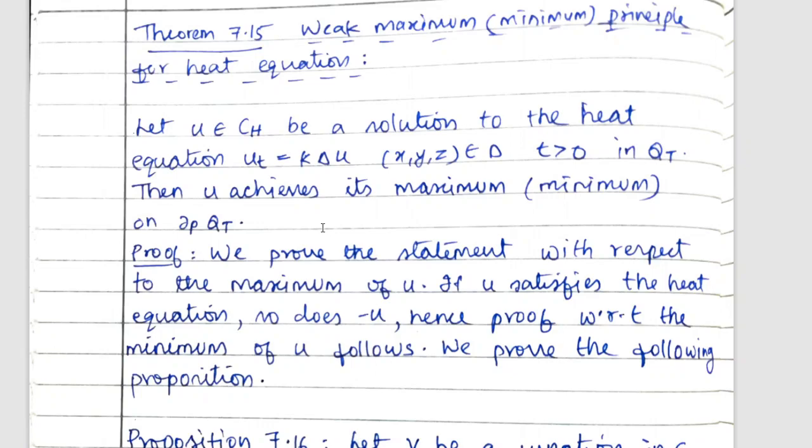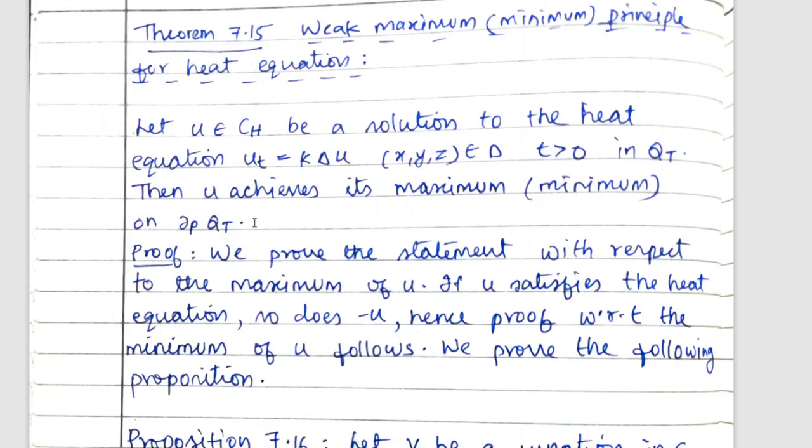Then U achieves its maximum or minimum on the boundary of Qt. Qt is our domain, capital Qt. What is capital Qt? It contains the elements (x, y, z) of capital D together with time. So it is (x, y, z, t), a 4-tuple. That is Qt.